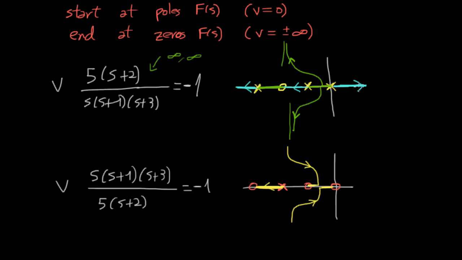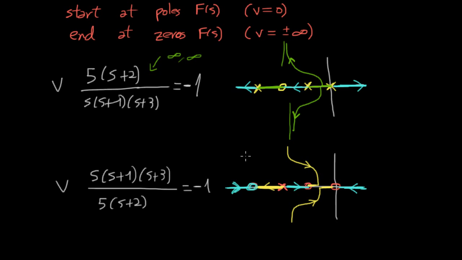So again, the branches would end at infinity, and in this case, this branch would come from infinity. This branch goes to the right, and this branch comes from infinity to the zero. Finally, branches are symmetric with respect to the real axis.